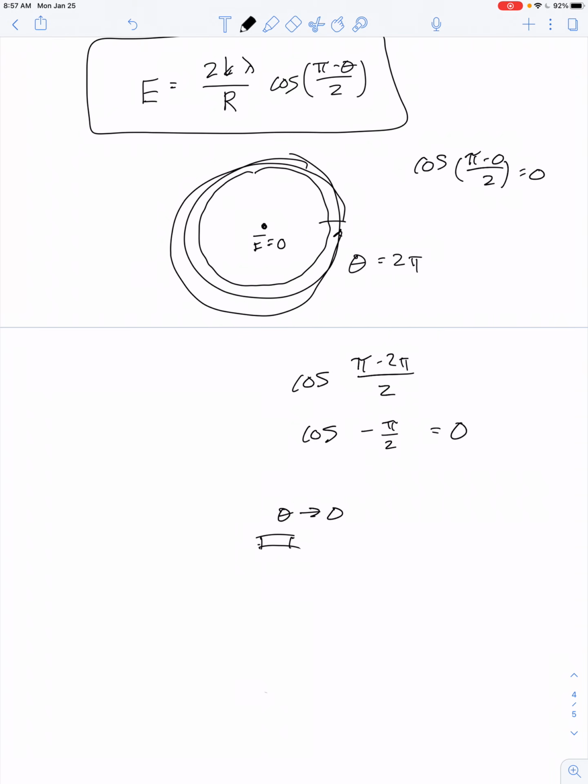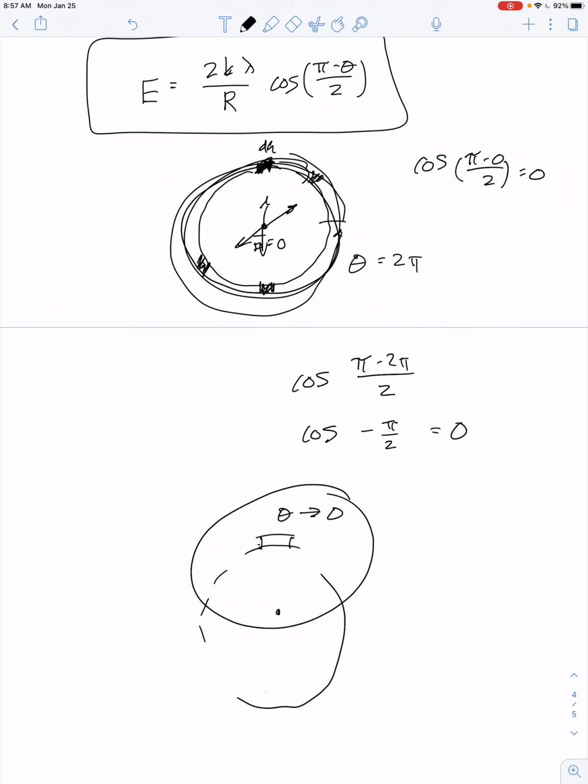So the reason it's 0 in this case is different than the full ring. For the full ring, the reason the electric field is 0 at the center is because that little bit of charge and that little bit of charge have electric fields that cancel each other out. This little bit of charge and this little bit of charge cancel each other out. In this case, it's just because we've shrunk it so much, there's hardly any charge at all, right?